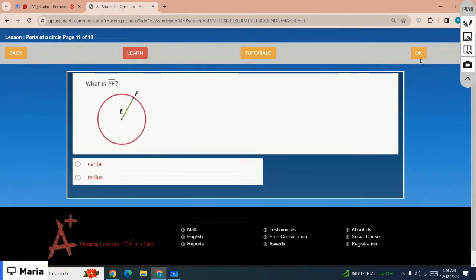What is EF? Center, radius? EF is the radius. The correct option is radius.